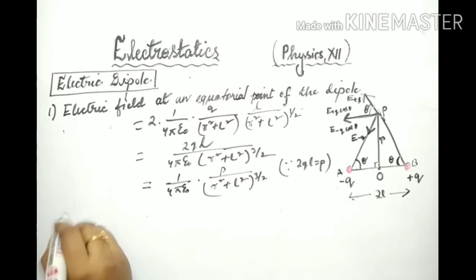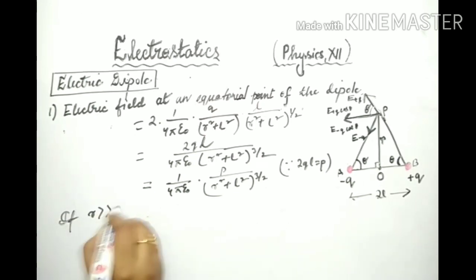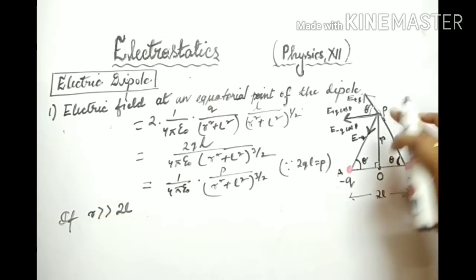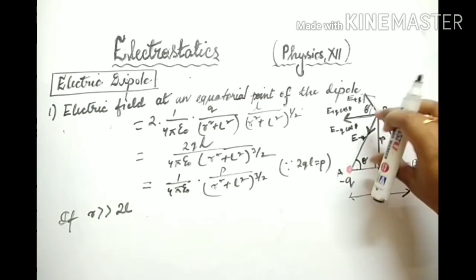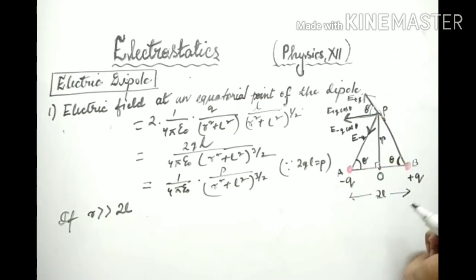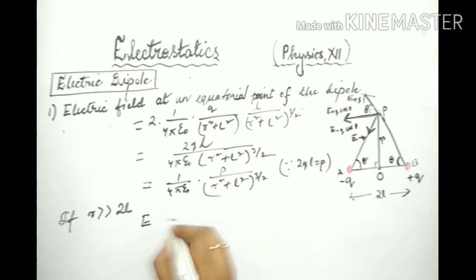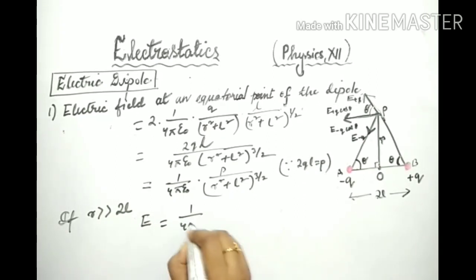Now if you want to find out, if r is much greater than 2L, that is r is at a very higher distance than 2L, so electric field will be 1 by 4 pi epsilon naught.